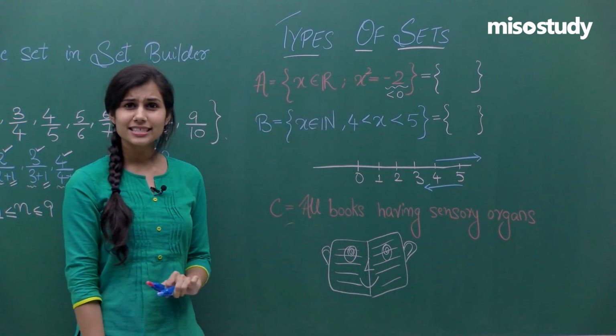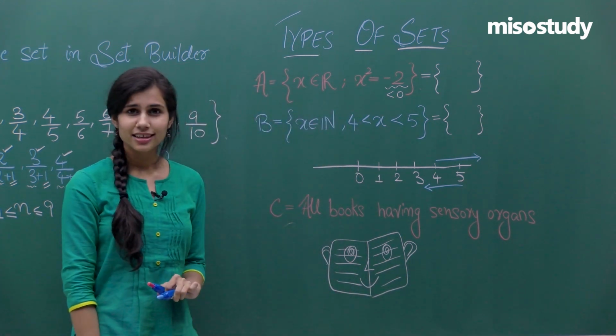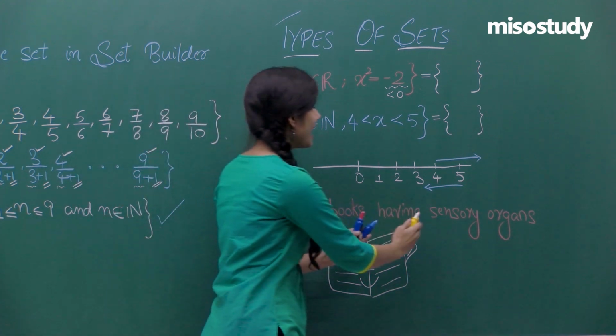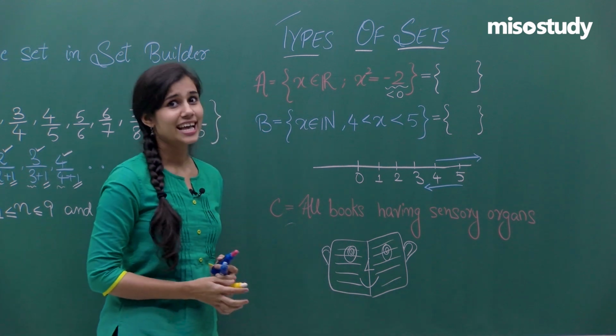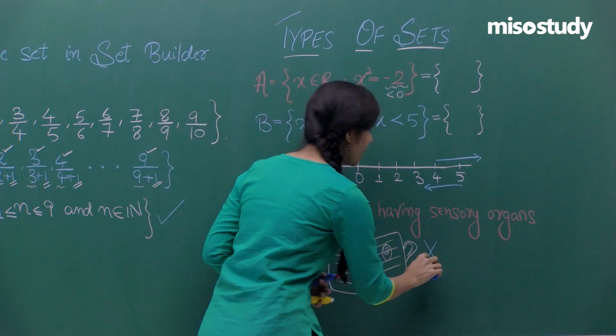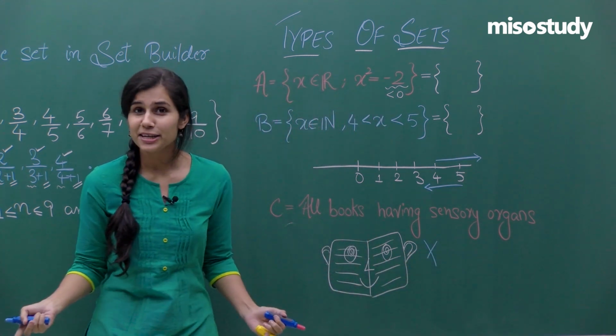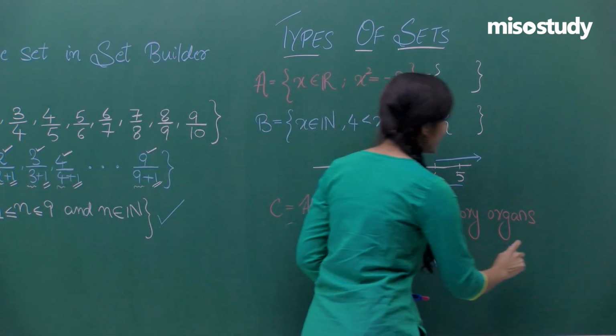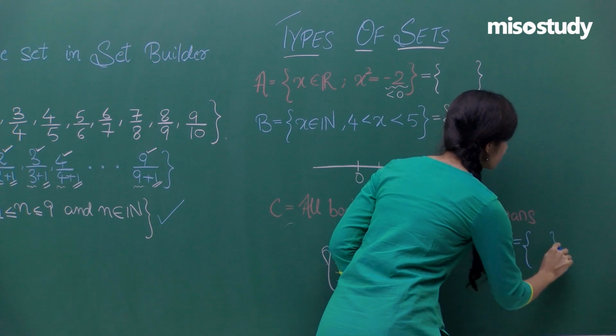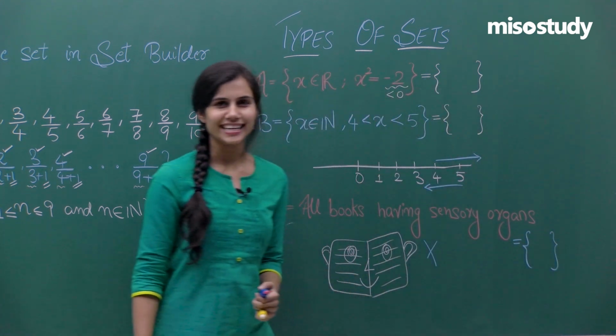Do books like these actually exist? Well, do books have sensory organs? This kind of a scenario is absolutely wrong because there does not exist any book which has sensory organs, and therefore set C is also equal to empty set.